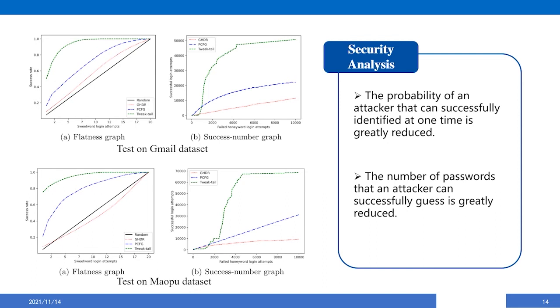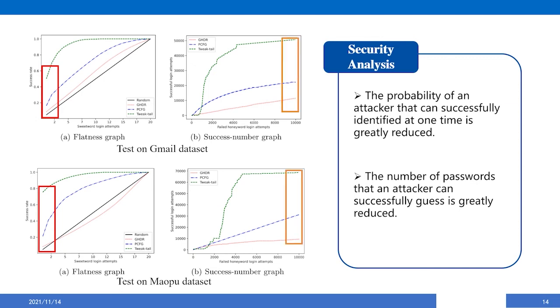The attack results on the Gmail and Maopu datasets are shown in these figures. From the flatness graph, we can see that, compared with the PCFG-based method and the twinkling tail method, using GHDR to generate Honeywords, the probability that an attacker can successfully identify the password in one attempt is greatly reduced.